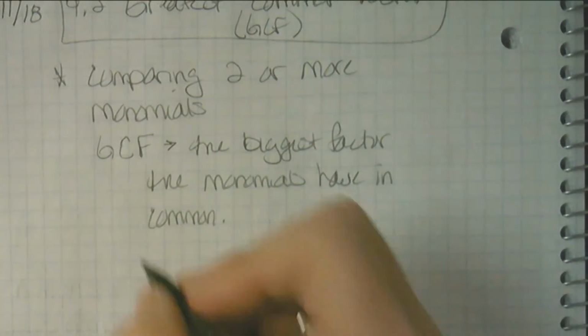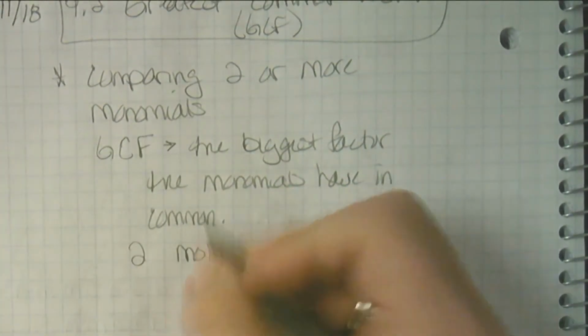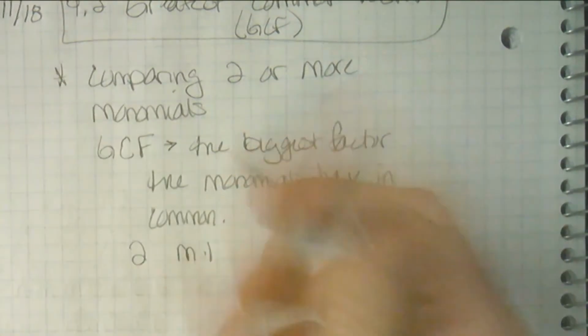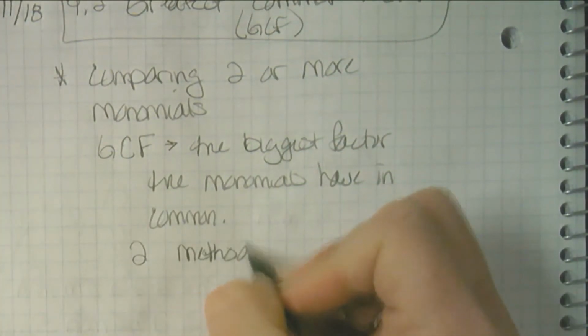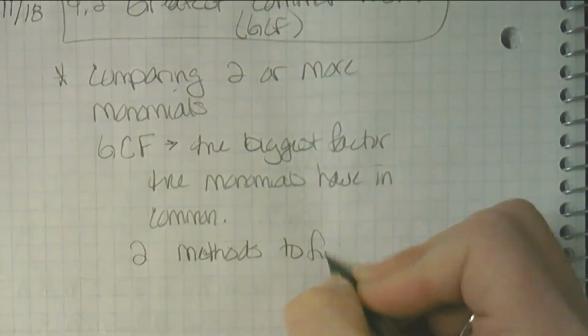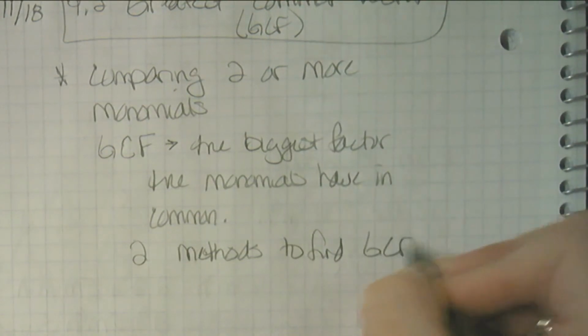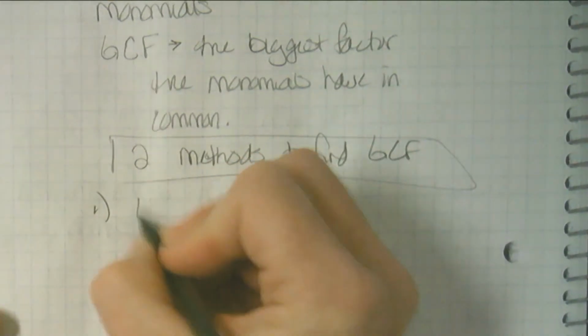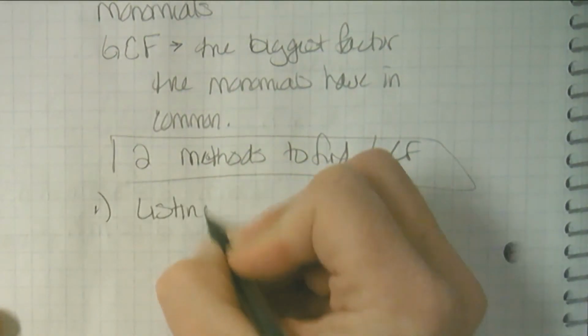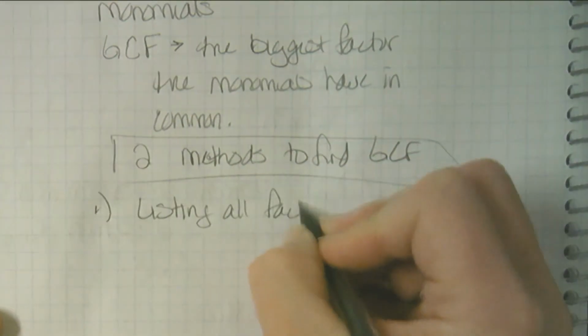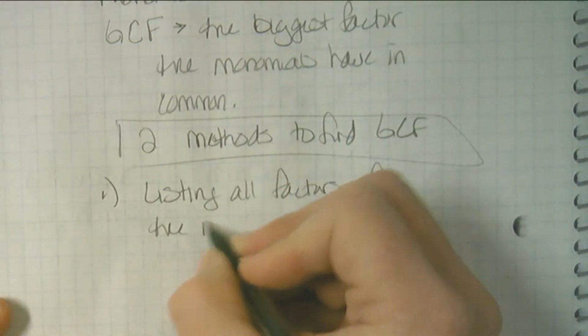All right, there are two methods possible. We are only using one of them. So there are two methods to find GCF. One of them is listing all the factors of the monomials.